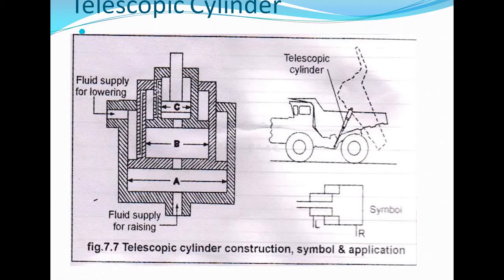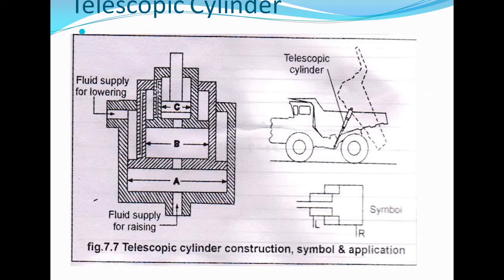Ultimately, this B will exert pressure on the C piston, and this C piston will start moving upwards. This is how we have upward motion.